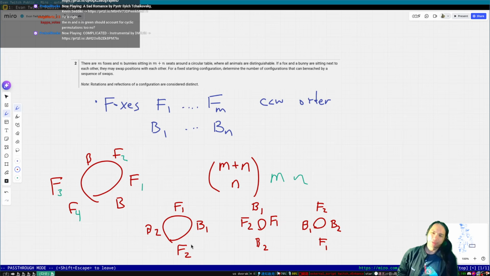So I don't know what the answer is anymore, because it should be like m plus n choose n, and then times some fraction of the mn possible cyclic permutations. But I don't know what that fraction is. There's some you can get, but it's not all of them either.